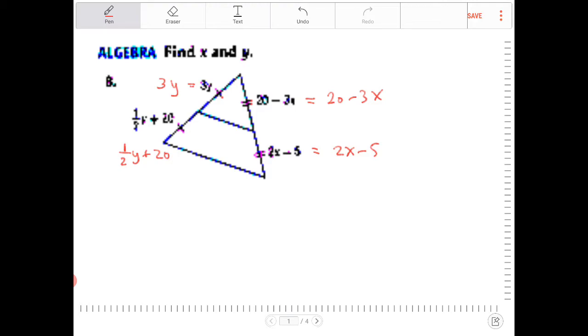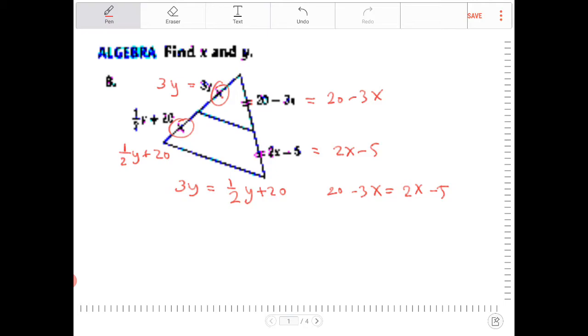So the way in which we compare this, we can say 3y is equivalent to 1/2 y plus 20. And because these segments here are the same, we can say that 20 minus 3x is equal to 2x minus 5. Nothing is said about these lines here, but we're just basing it off of this.